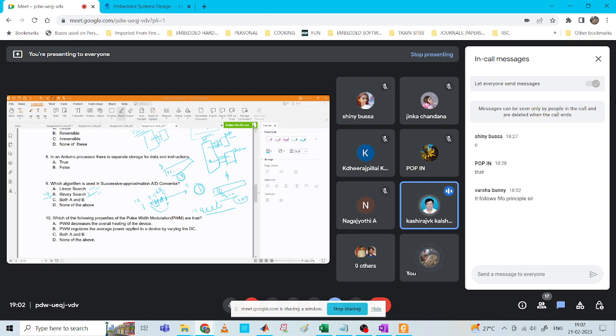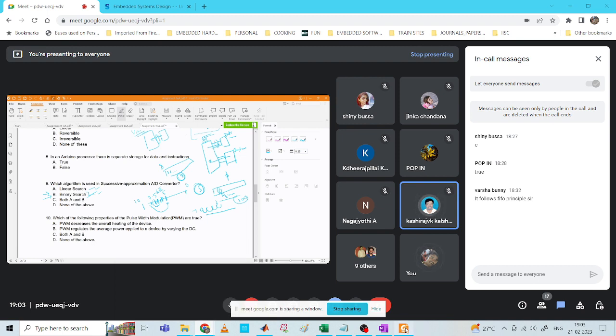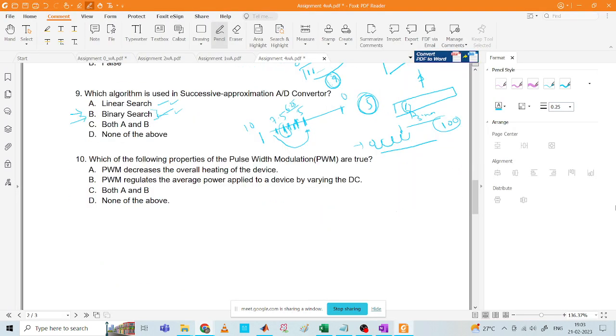Okay. So what you have told is right, but we will try to elaborate that. You see that in pulse width modulation, let's say you give 2 volts. When you give 2 volts, you will get a pulse, for example like this.